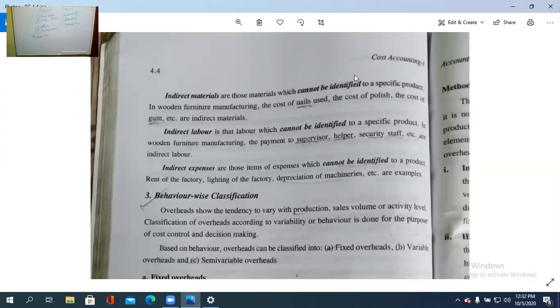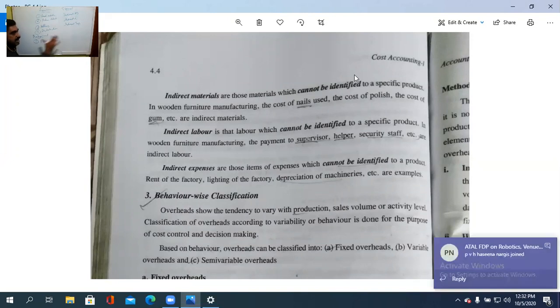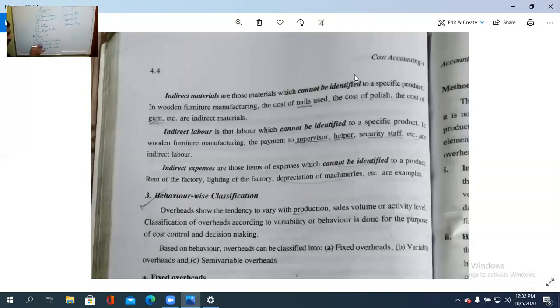Based on that, you are already aware that fixed overhead remains constant for the entire period. Then variable overhead, and the third one is semi-variable overhead.